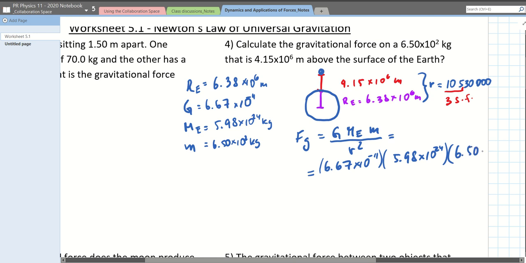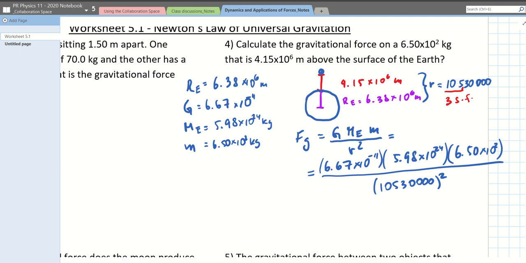This is the mass of the object. Don't forget to square your radius. When you do the math here, let's see, 6.67 times 10 to the negative 11 times 5.98 times 6.5 divided by 10.